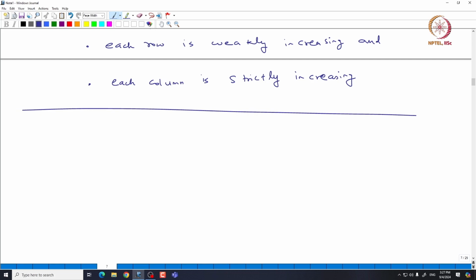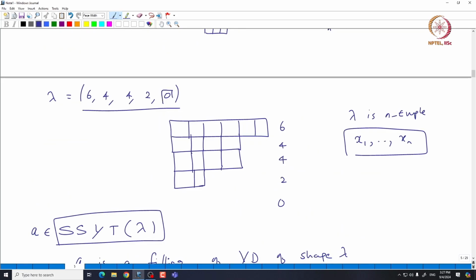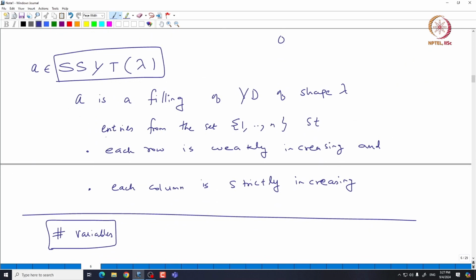For example, if lambda is treated as a partition with, let us say, 2 parts, then the 0 that we are including in lambda takes care of the number of variables that we are using. That is somewhat important, because it takes care of where these entries are coming from.